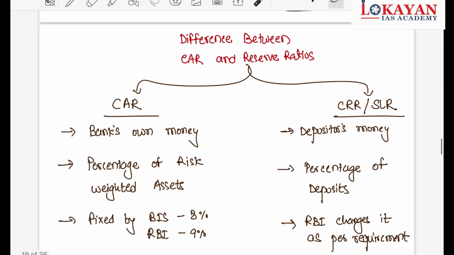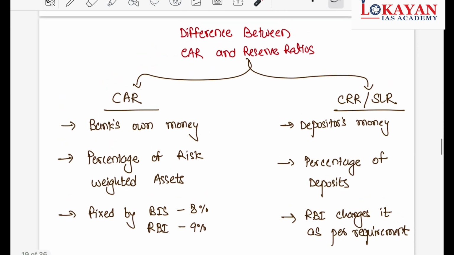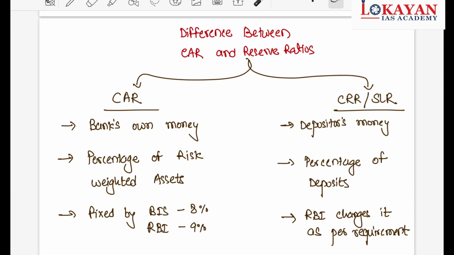Now, what is the difference between capital adequacy ratio and reserve ratio? Let's understand this. In case of the capital adequacy ratio, it's the bank's own money, but in case of CRR and SLR, it is depositors' money. CAR is decided as a percentage of risk weighted assets, but CRR and SLR are decided as a percentage of deposits.